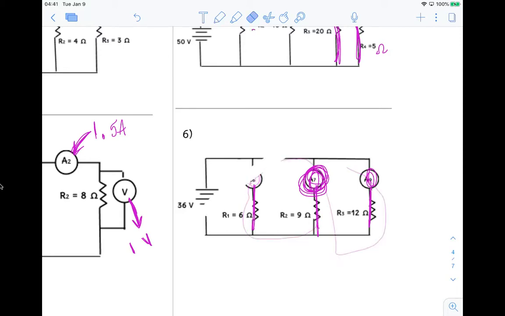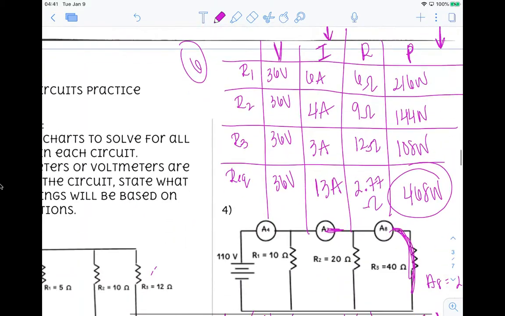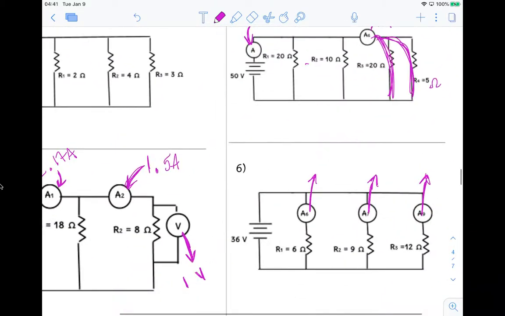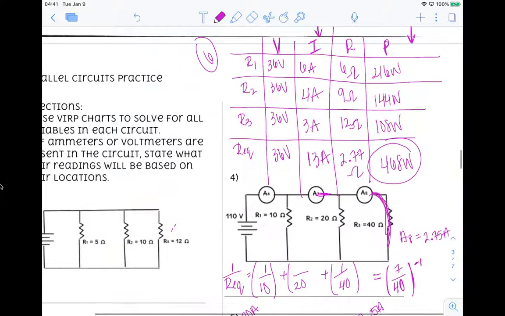That doesn't work for us. So with that said, these ammeters are going to read 6 amperes, 4 amperes, and 3 amperes. All totally based on how we solved using our chart.